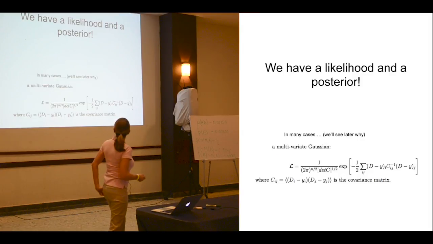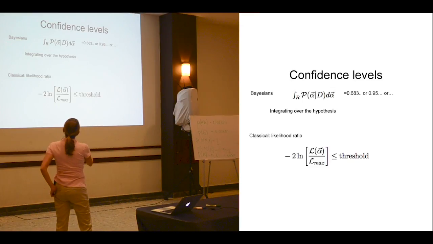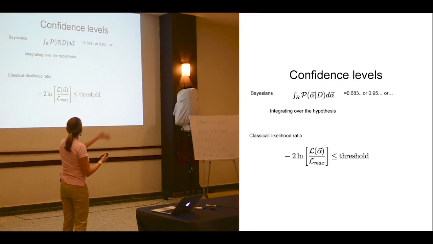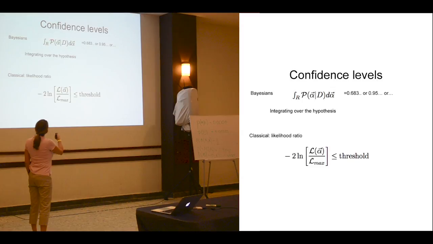Now, if you have a posterior, and you are a Bayesian, if you want to give some confidence region around the quantity that you've measured, what you do is integrate your probability distribution for the parameter given the data over the parameter range until you get to the desired level, 0.683, 0.95, or whatever.